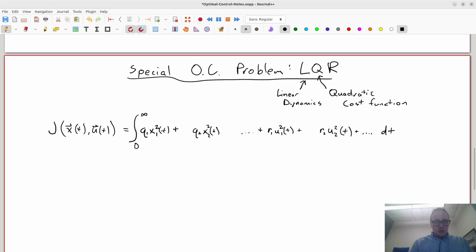One way to rewrite this, instead of this sum of weights, is to put it in a matrix form. This is the integral from 0 to infinity of the vector x of t transpose times a matrix, which is going to be a diagonal matrix for this cost function, x transpose Q x of t, plus u transpose R u.